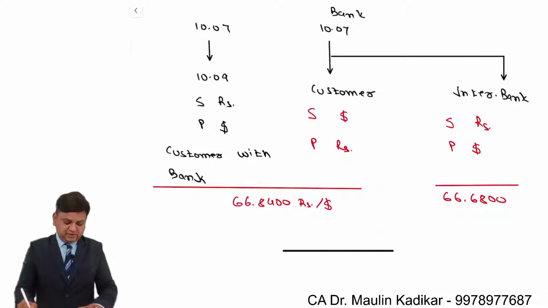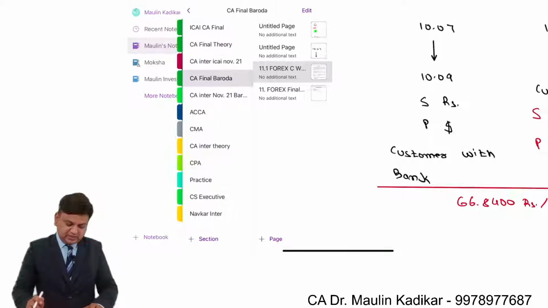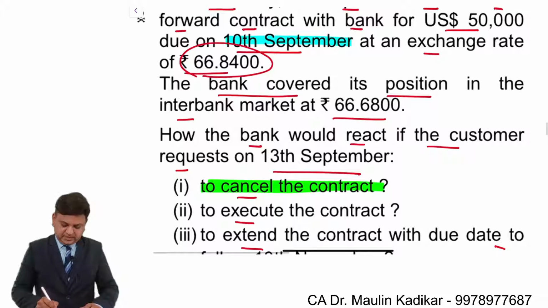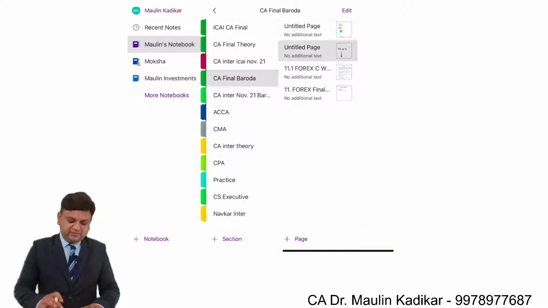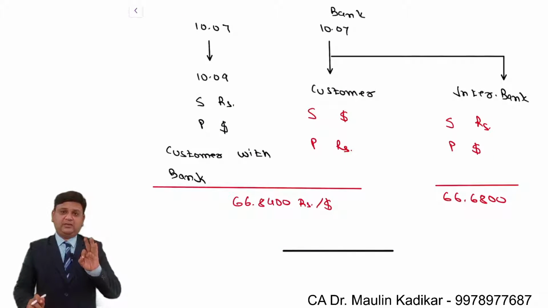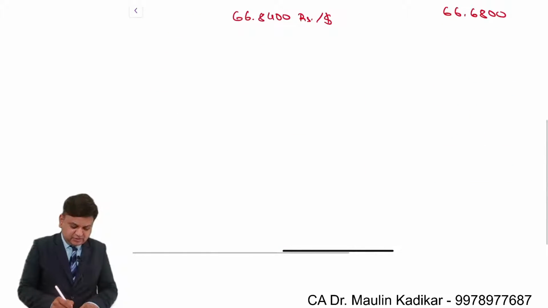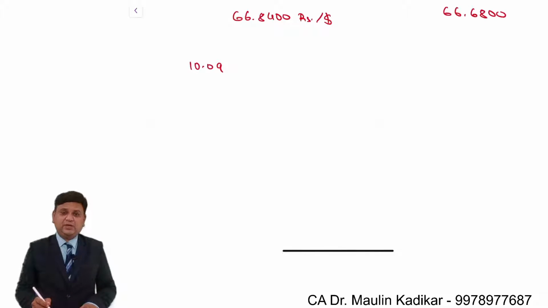Proceeding further, listen carefully to what I am going to speak now. The question says that on 13th of September the customer comes. However, before that, the 10th of September comes. So on 10th of September, what is the bank required to do?